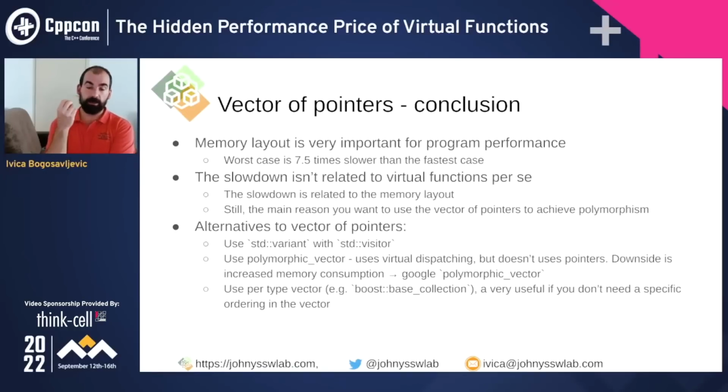It is very useful, and much faster than a vector of pointers. It's not heap heavy, and it's very useful if you don't need a specific ordering in the vector. So feel free to use this if you don't need a specific ordering. But if you do, this is not possible to work. Okay, moving on.